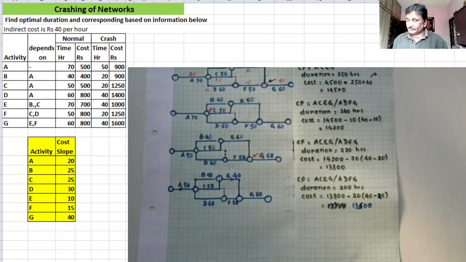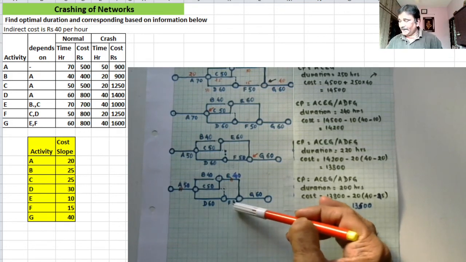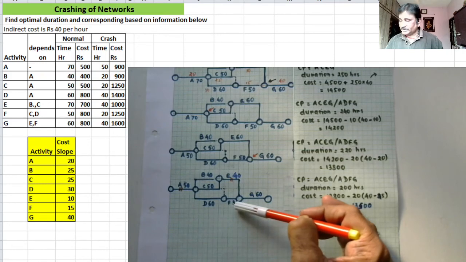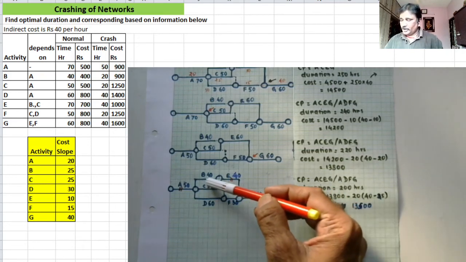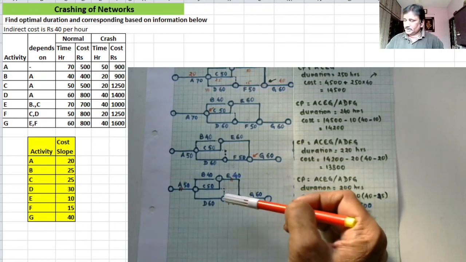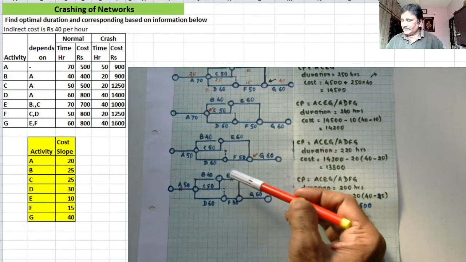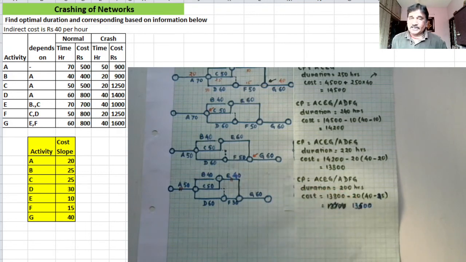All right. And now the only two activities are remaining. Can I crash A? No, you cannot crash A, because you have prevented C and D from crashing. And in this time zone, there is activity E, which is requiring 40, which is crashed completely.